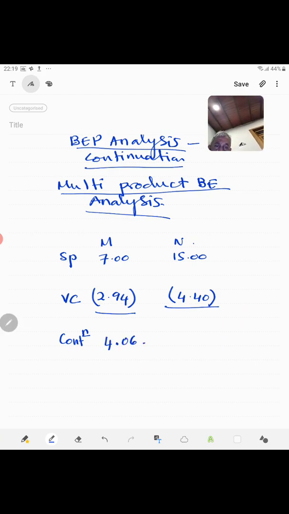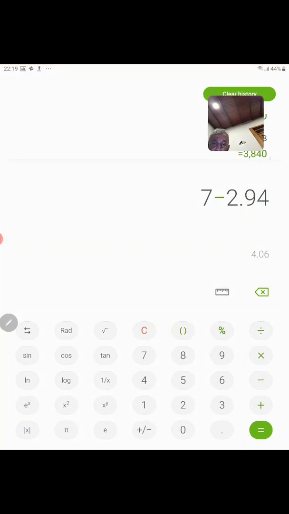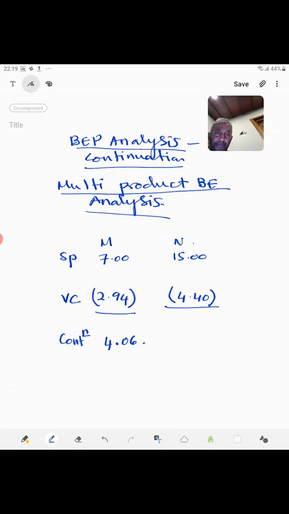And 15 minus 4.4 gives me 10.6. This is the first step in any usual marginal costing or break-even question. The very first step is to calculate contribution.